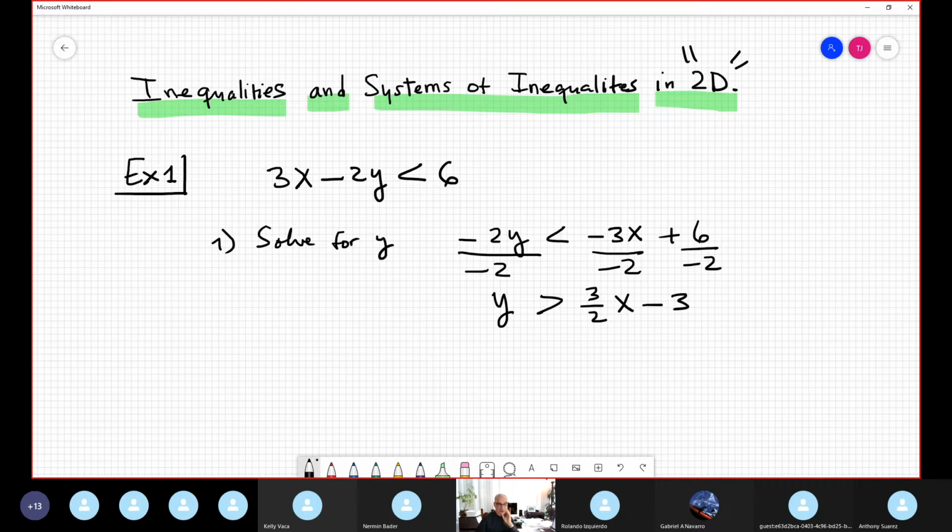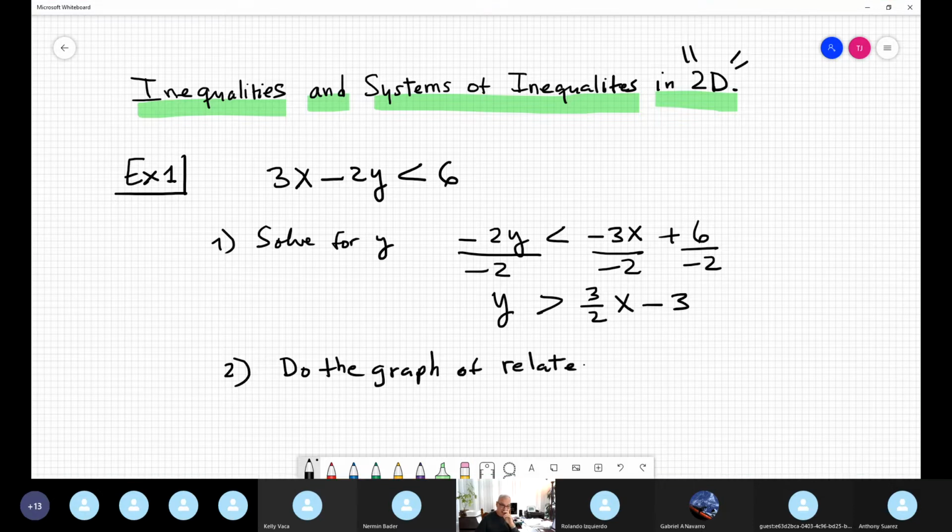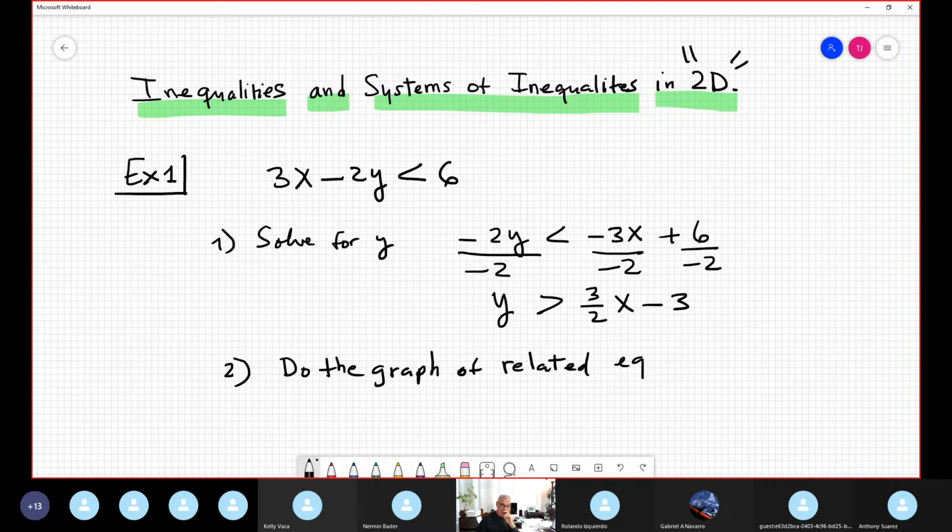My second step is to do the graph of the related equation. No inequality anymore for a moment.